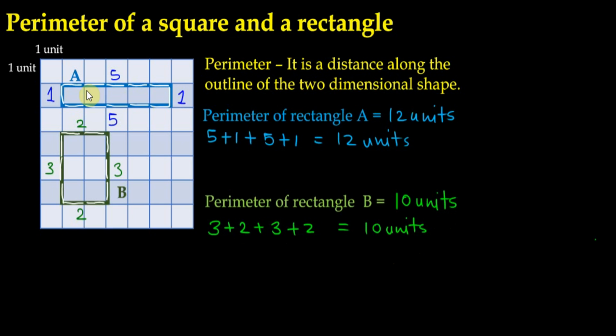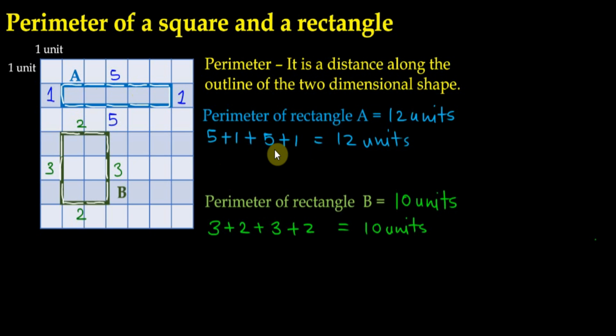Okay, now we know the longest side of a rectangle is a length and the shortest side of a rectangle is a width. So while finding the perimeter of these rectangles, we added the lengths of all the sides of these rectangles. So here we added length 2 times and width 2 times.